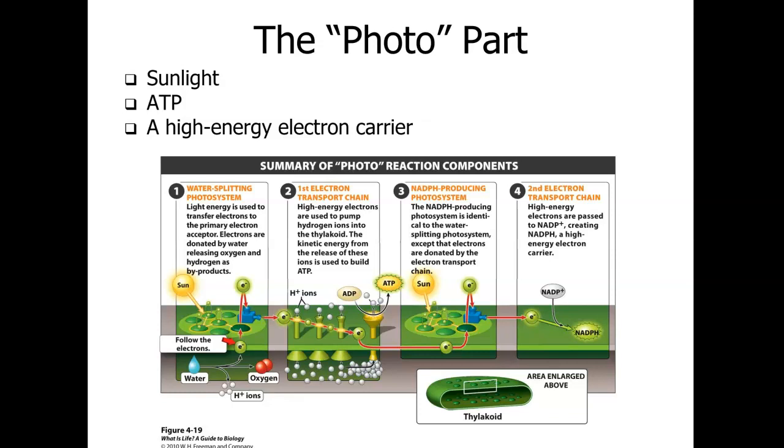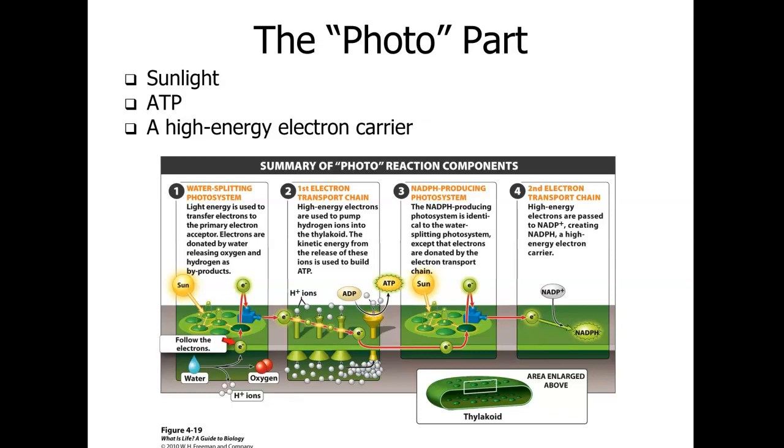The NADPH producing photosystem is going to be identical to the water splitting photosystem, except the electrons are going to be donated by the electron transport chain. And so you see how it came from number 2 over to the next atom, and number 3, and then 4.